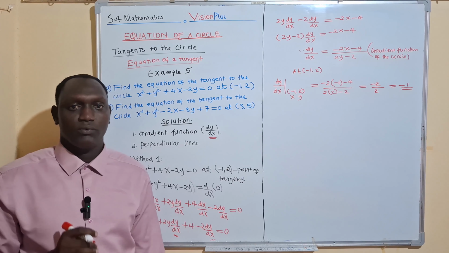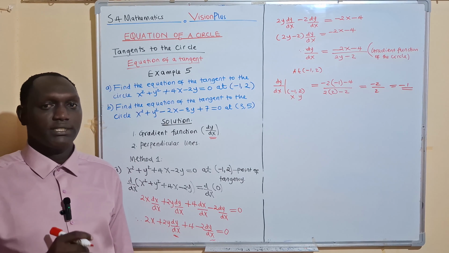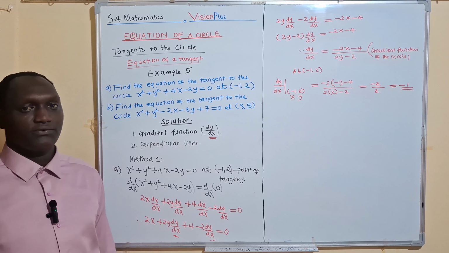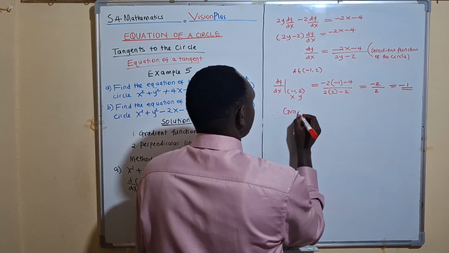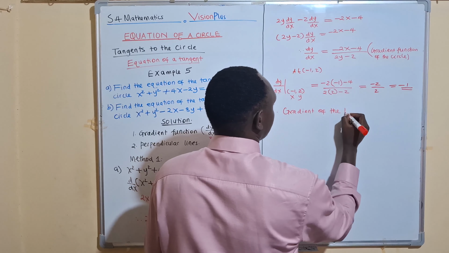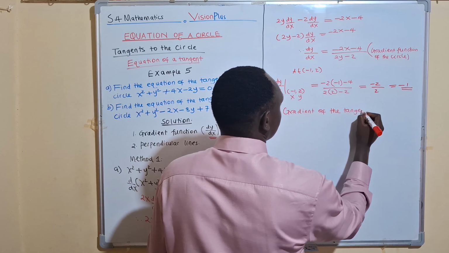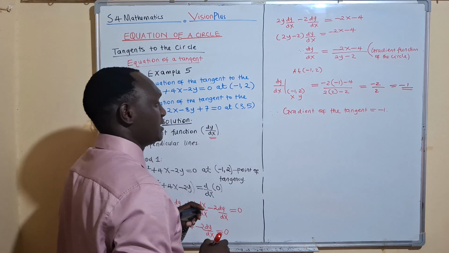What do we know? We know that at the point of tangency, the gradient of the circle is the same as the gradient of the tangent. Therefore, the gradient of the tangent is -1. That is the gradient of the tangent.